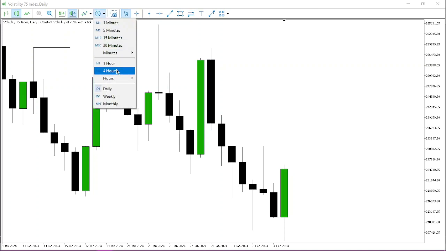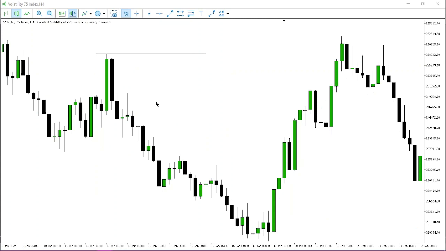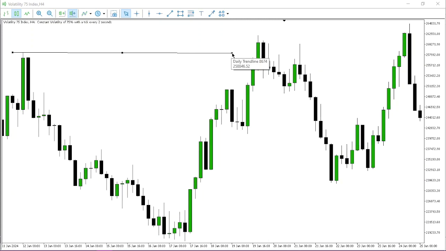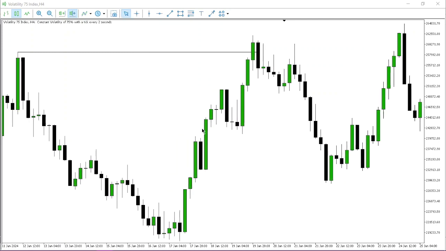Now, you will notice that when price is trading to the draw on liquidity, it will be expanding in that direction, and PD arrays that lead to that level or area of price will be supported, they will be respected.